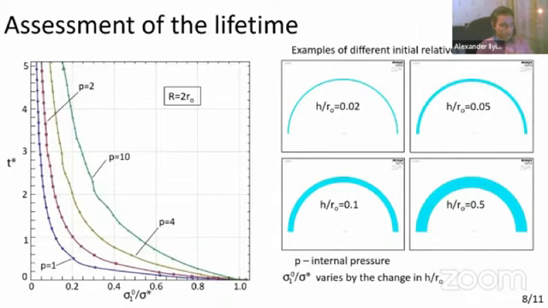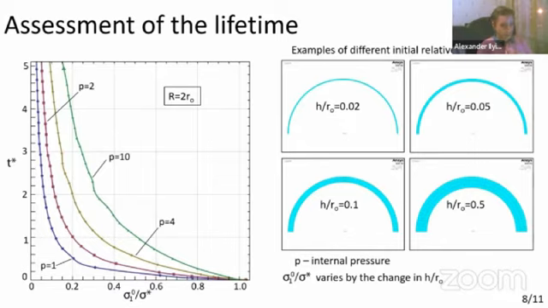Actually, let's go further. This graph shows the dependency of the service life of the toroidal shell on the initial relative stress, related to the ultimate stress, for different pressures. Various values of the initial stress for each curve were obtained by variation of the initial thickness, other parameters being fixed.